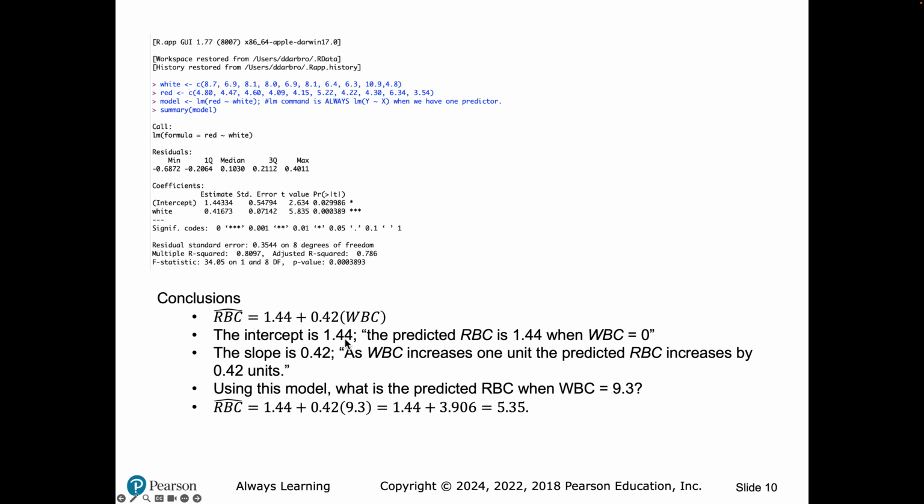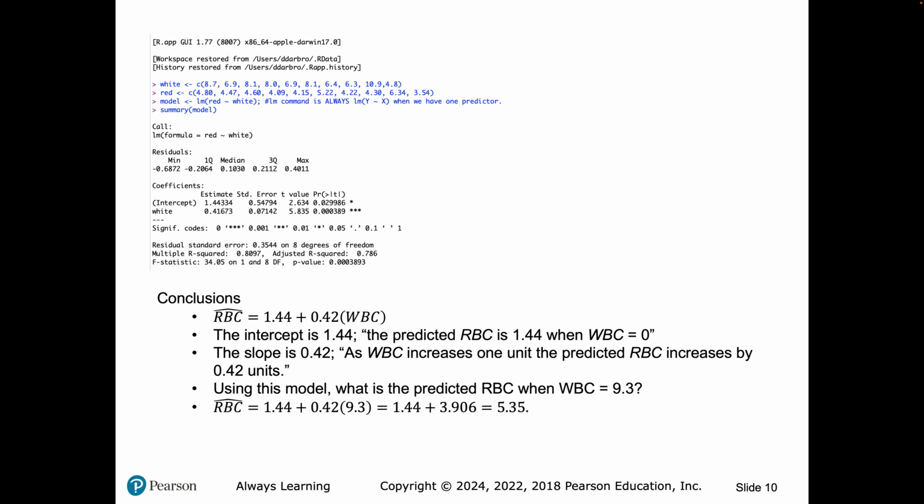Now, the intercept is 1.44. What's the interpretation? The predicted red blood count is 1.44 when white blood count equals 0, or when white blood count equals 0, the predicted red blood count is 1.44. The slope: as white blood count, our X, increases 1 unit, the predicted red blood count increases by 0.42 units.